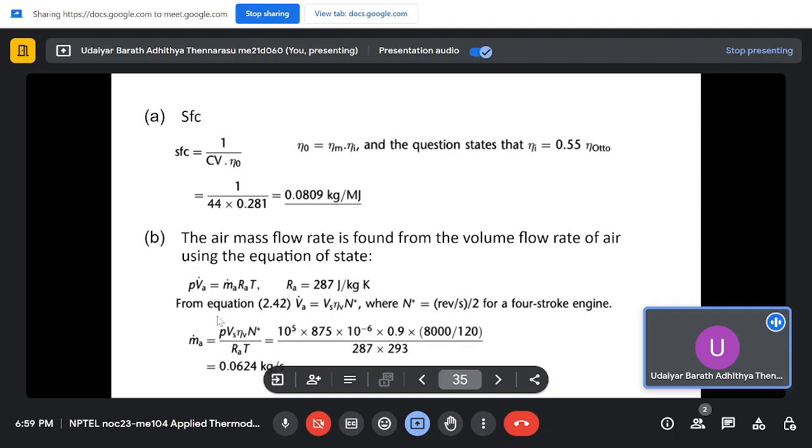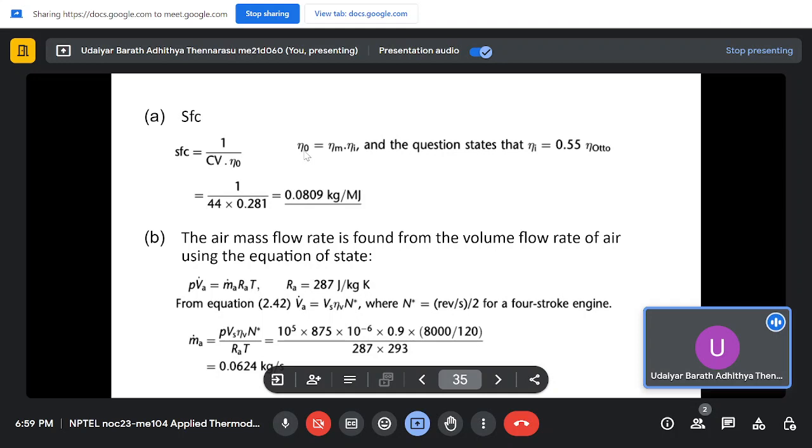And then if you write in terms of overall efficiency, brake power can be written as thermal efficiency, or overall efficiency, into the combustion energy which is provided. So m dot f into cv. So m dot f will cancel out.